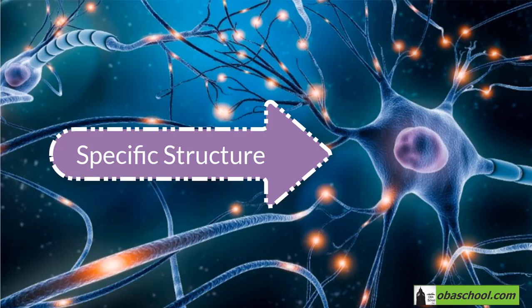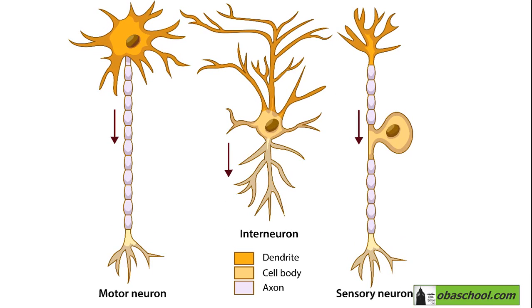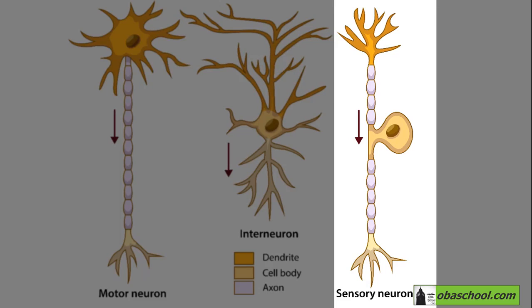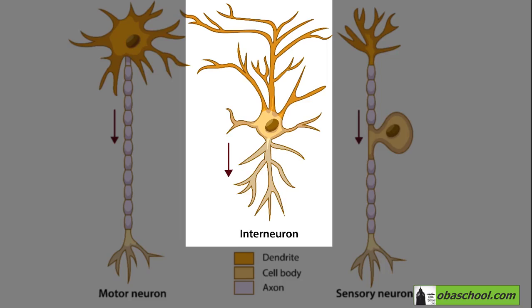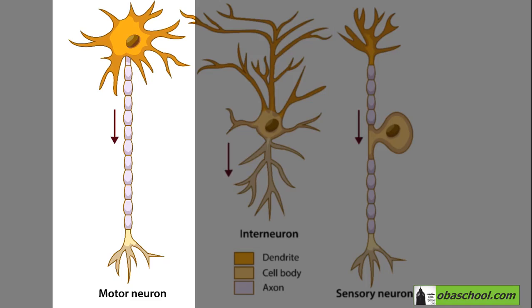Accordingly, our nervous system has more than one neuron with different structures, as you can see. We have the sensory neuron, we have the interneuron or the relay neuron, and we have the motor neuron, which is our topic.